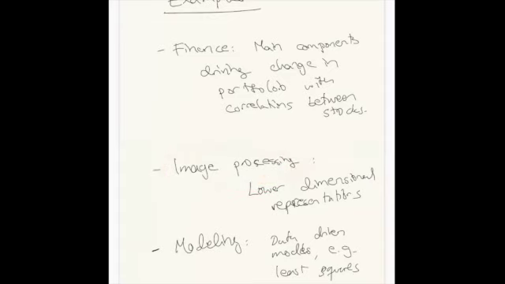Now images are inherently very high dimensional objects, so if you want to run many algorithms on them, they will run into problems, because if you have thousands upon thousands of images or tens of thousands of images, each of them, say resolution 1,000 by 1,000, then you have a very high dimensional space.